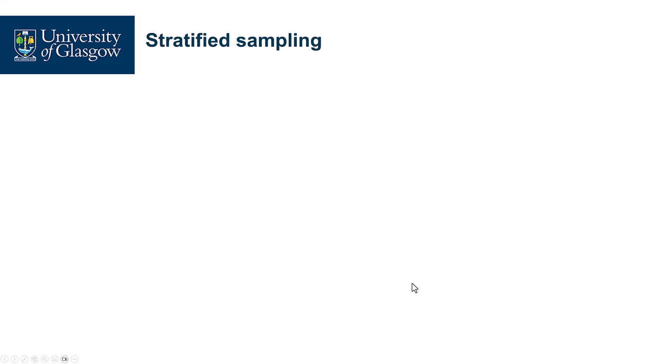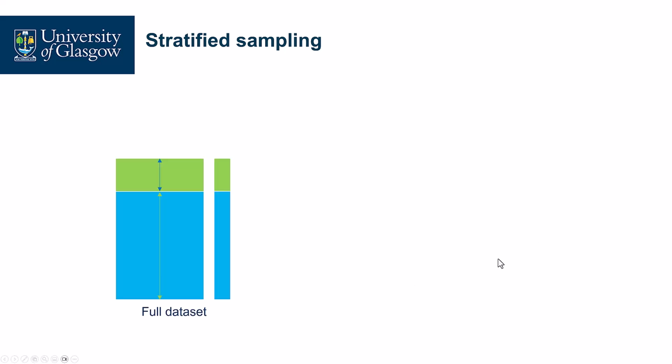One thing to talk about is stratified sampling. In real applications, in many cases, for example in a classification problem, I have two classes, but they are not divided equally. The class A data is much more than the class B data, right?